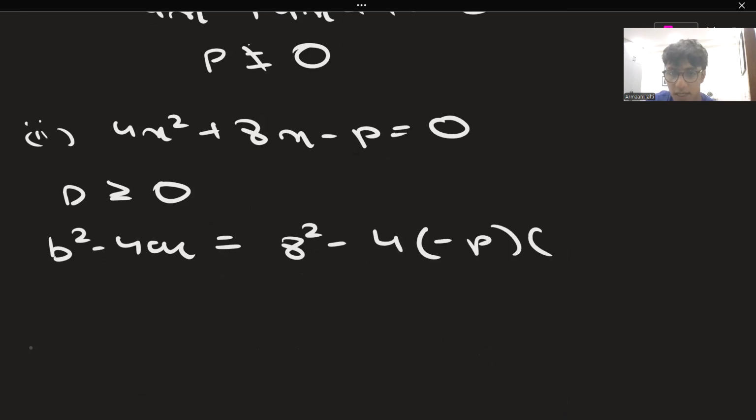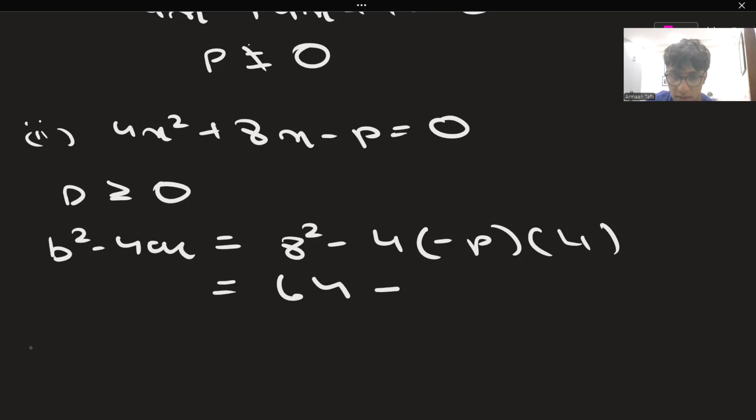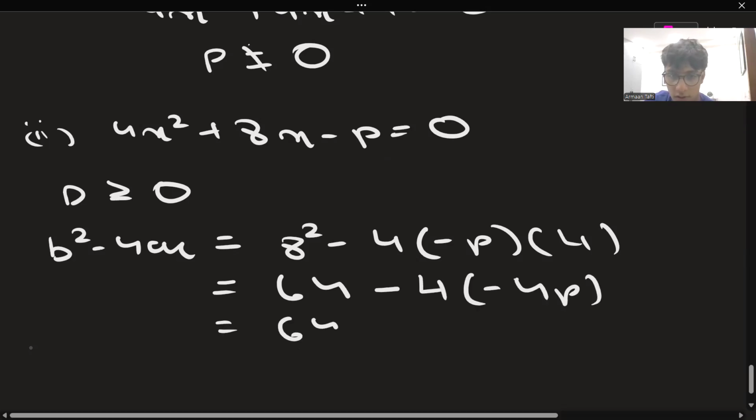And so b square minus 4ac is equal to 8 square minus 4 times minus p times 4, right? That's 64 minus 4 times minus 4p, which is 64 plus 16p.